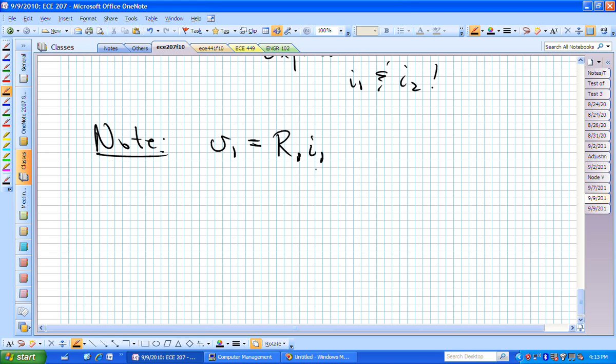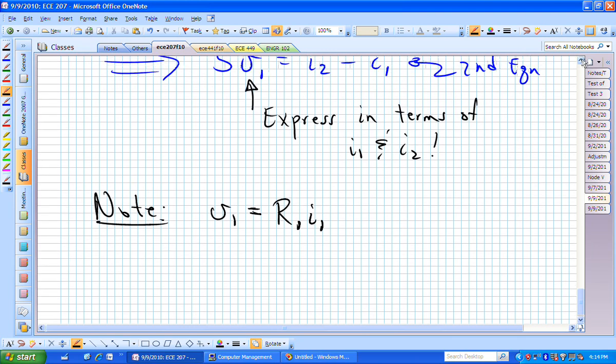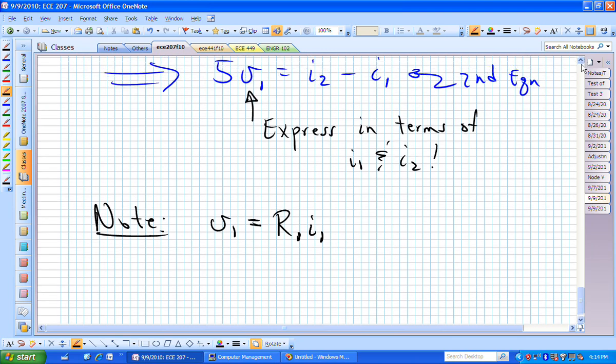If V sub 1 happened to be a voltage that shared I1 and I2, you would have to involve both I sub 1 and I sub 2. In this case, V sub 1 was defined to be the voltage dropped across R sub 1. And that now allows us to rewrite this second equation in the following way.